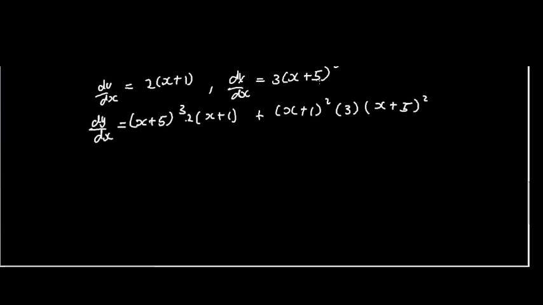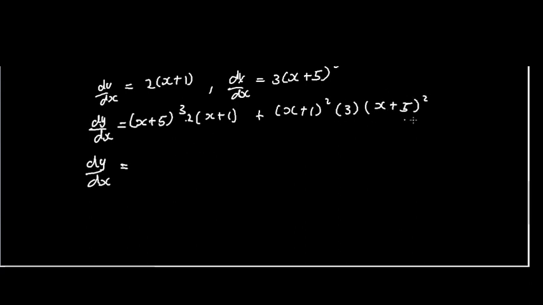Now this one here can be further simplified. This is a derivative function, but it is kind of enlarged. So you can simplify it, and we get dy/dx will equal to... when you're simplifying this, you just have to look for common terms, and then you factorize them out. For example, you can begin with x plus 5. Here you have (x plus 5) to power 3, and this is (x plus 5) to power 2.